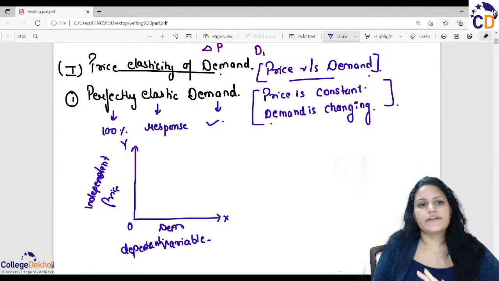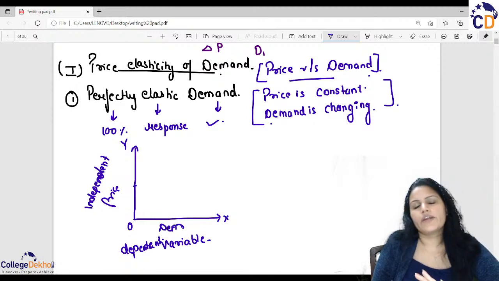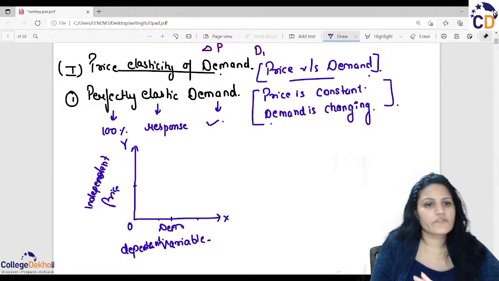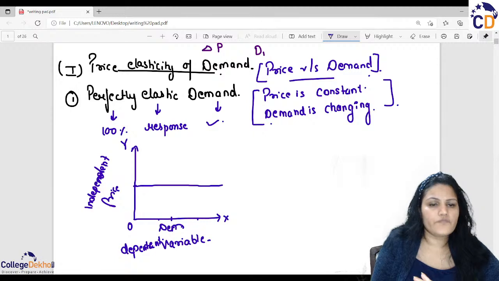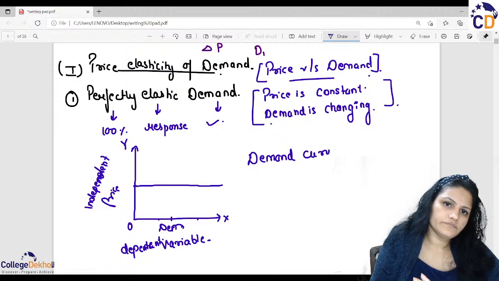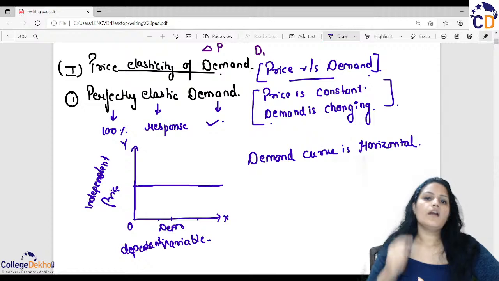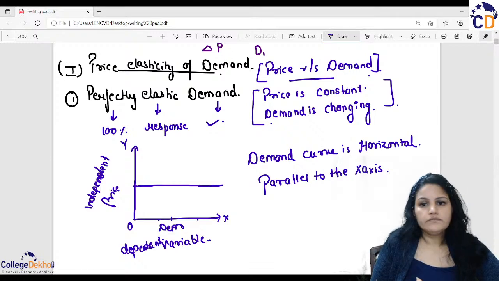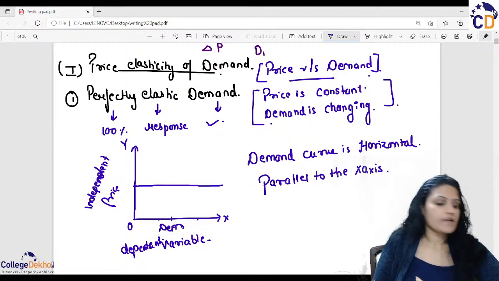As price is constant, you can mark the point at any one level. Demand will be here, here, here, but price is not changing. In that case the demand curve is horizontal in nature and parallel to the x-axis.